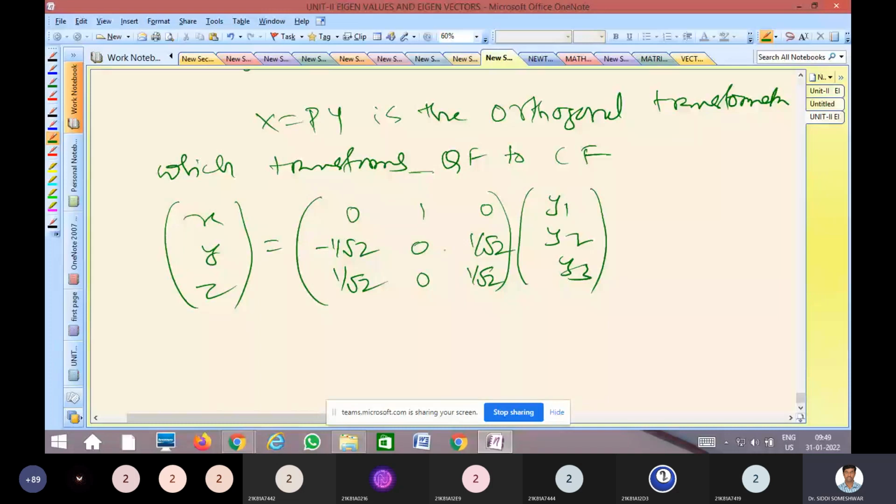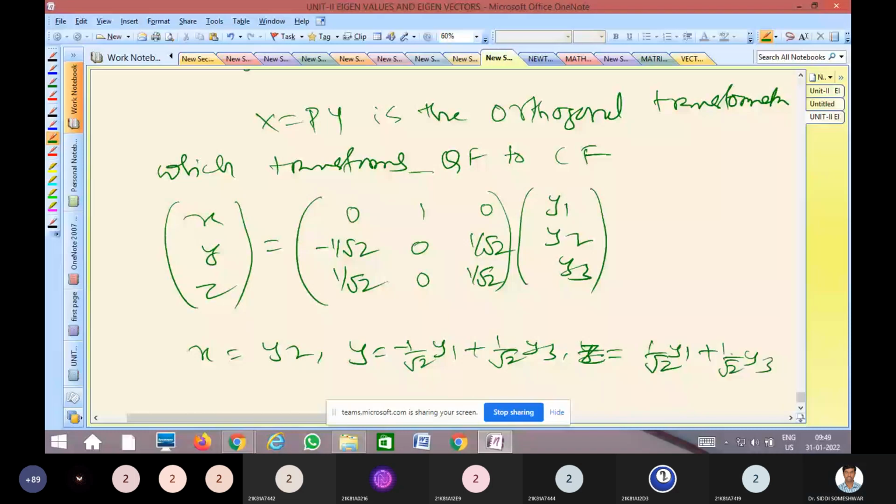So here you can observe x equal to y2, and y equal to minus 1 by root 2 y1 plus 1 by root 2 y3. Similarly, z is 1 by root 2 y1 plus 1 by root 2 y3.